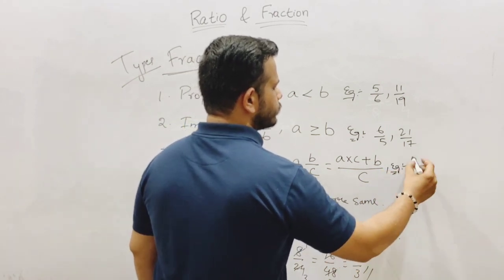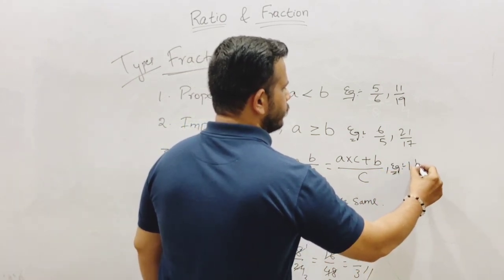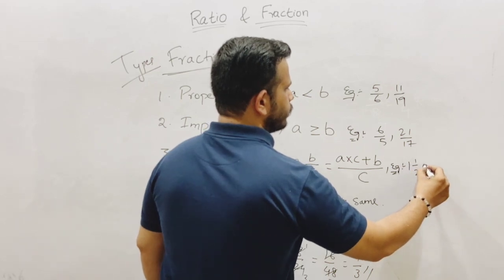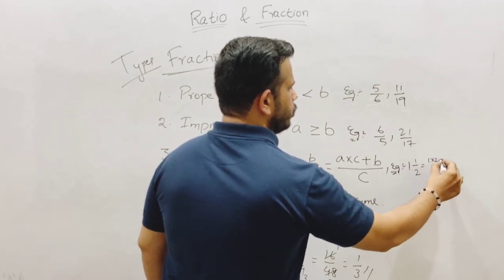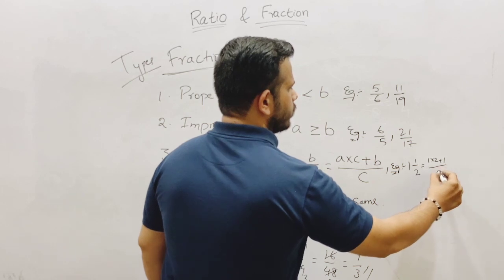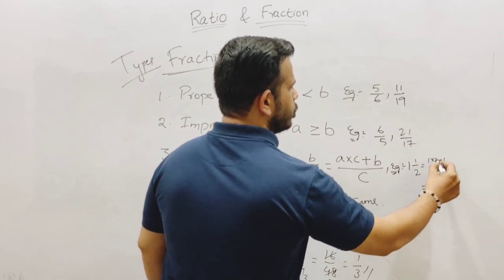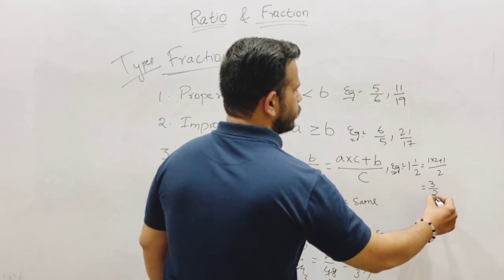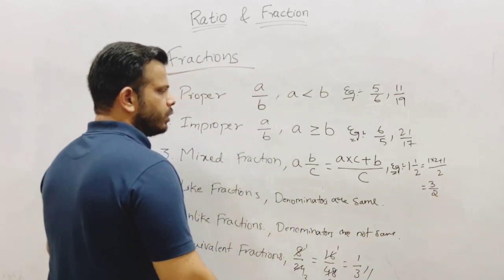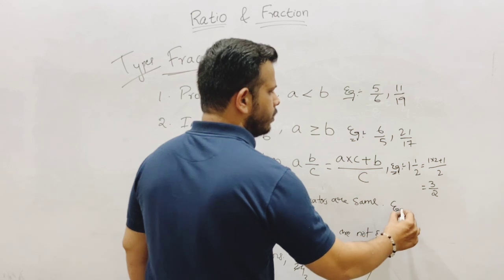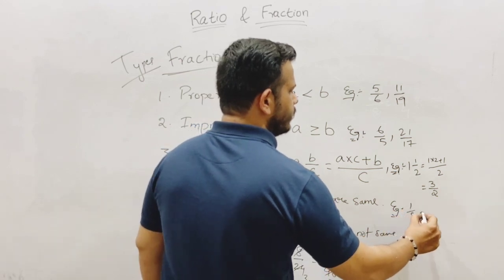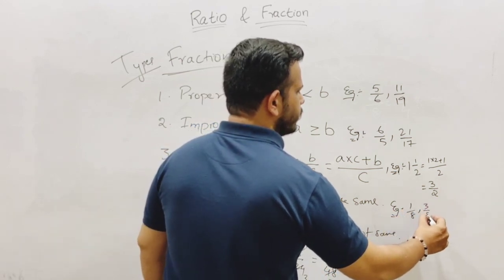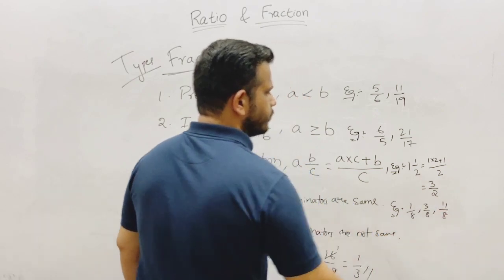Mixed fraction, for example 1, 1 by 2: 1 into 2 plus 1 by 2. It will result in 1 into 2, 2 plus 1, 3 by 2. Like fractions, where denominators are the same. Example 1 by 8, 3 by 8, 11 by 8.